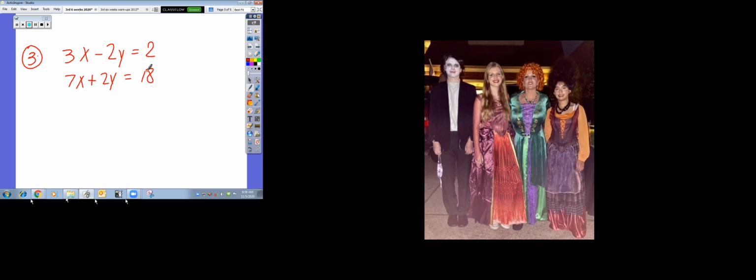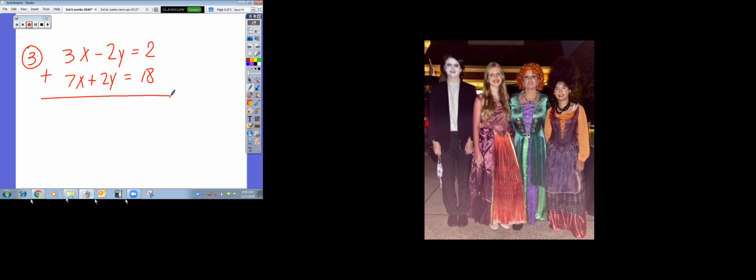A negative 2y and a positive 2y, if I add those up, they're going to cancel right out. And that was the whole point of substitution as well. You want to create an equation where you've only got one letter, so that you can find out what half of your answer is, what your x or y is. And if I add these two together, the y's cancel right out.